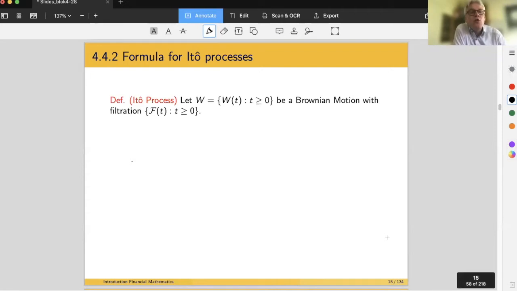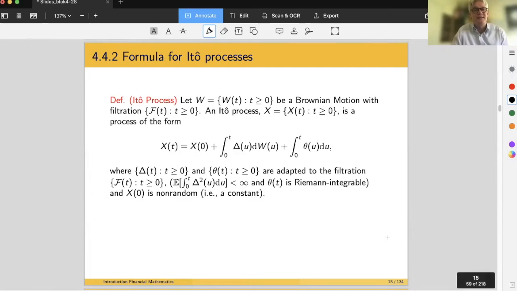So in order to define the Ito process, let W be a Brownian motion, as we usually define it, W(t), t greater equal to 0, with a filtration F(t), t greater equal to 0. So that is our basis, our common usual basis.